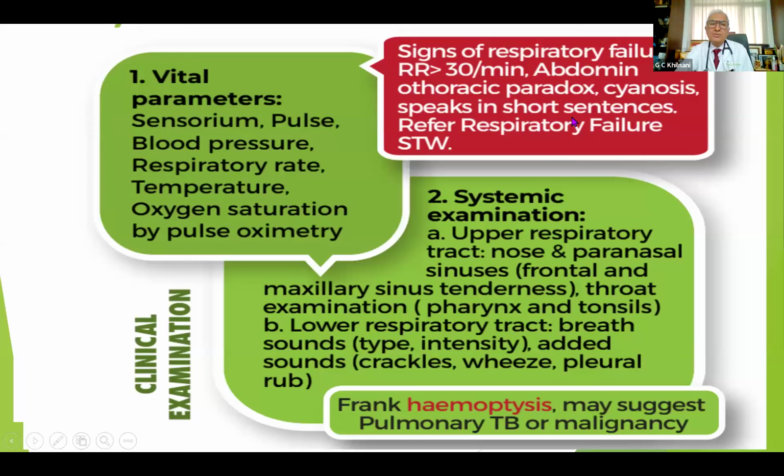If the patient is blue, if there is cyanosis, or the patient is unable to speak a short sentence without breaking a breath, or if your oxygen saturation probe is showing oxygen saturation of less than 90%, that means this patient is in respiratory failure and must be referred to a higher center after giving preliminary treatment, which I'll be talking about.